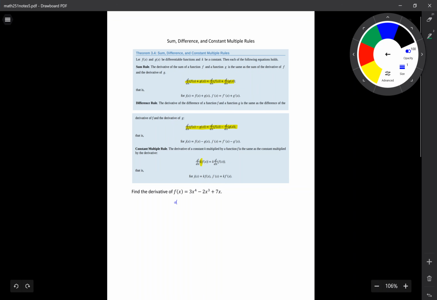So the derivative of f of x, since this is three separate monomials, we can take the derivative of 3x to the power of 4 and then subtract the derivative of 2x cubed and then add the derivative of 7x.